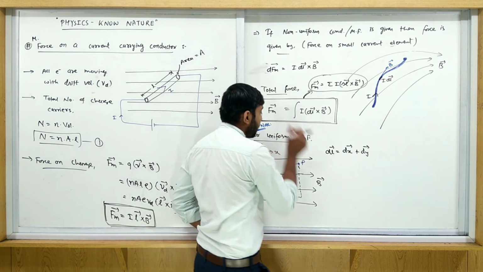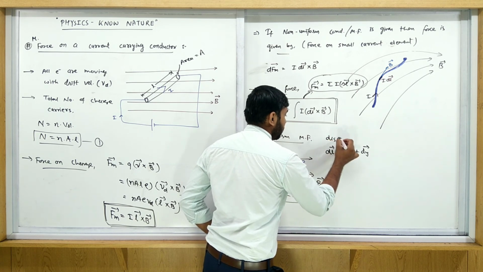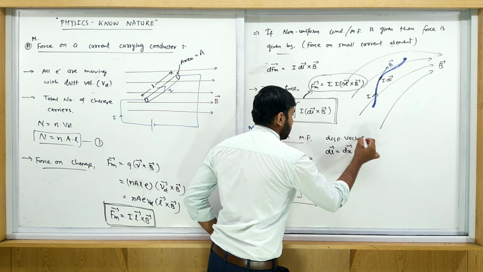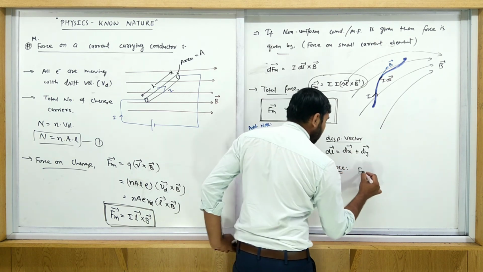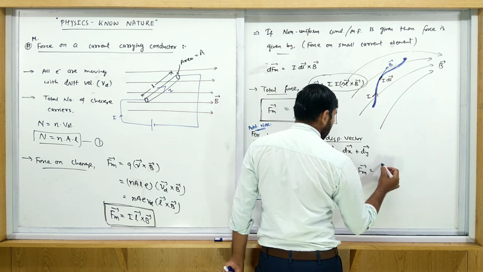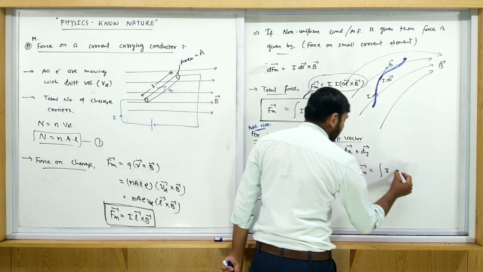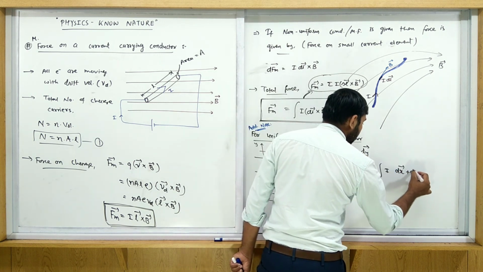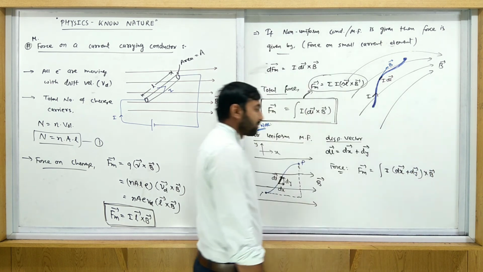If you put this value here, then the force is given by Fm equal to integration of I times (dx plus dy) cross B.